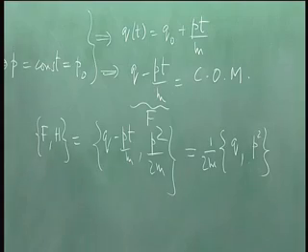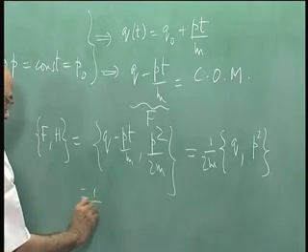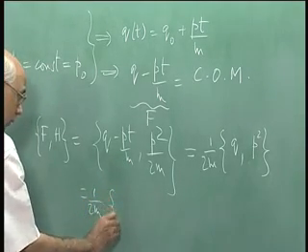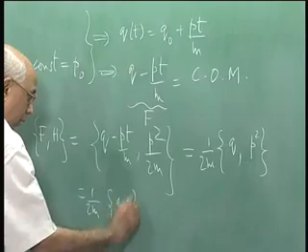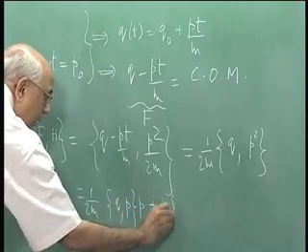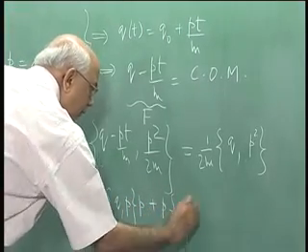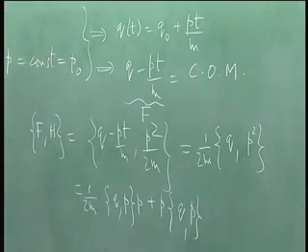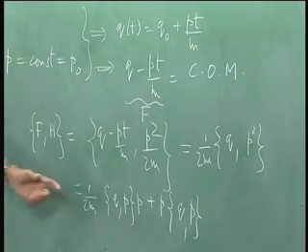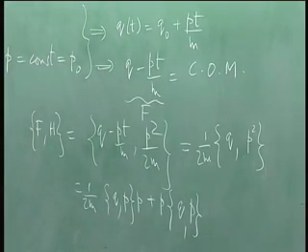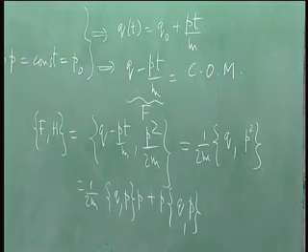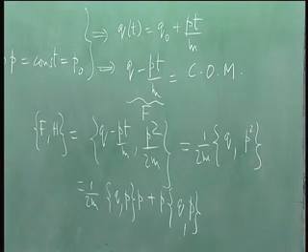I use this chain rule that I wrote down the last time. So this becomes equal to 1 over 2m, q with p, a p outside, plus a p times a q with p. I write that p squared as p times p, and you have to do this with each of them, and q with p is 1.